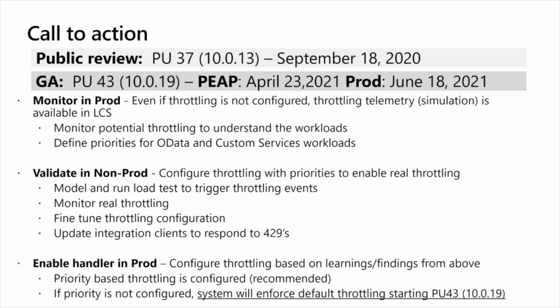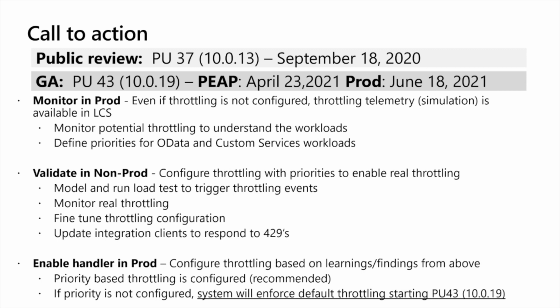But the feature goes into full effect starting with product update 43, which is 10.0.19, available for pre-prod environments starting April 23rd, and for production environments starting June 18th. That means you have the necessary time between wherever you are right now with your product updates and versioning until you get to PU 43 or 10.0.19 to be ready to handle these 429s.